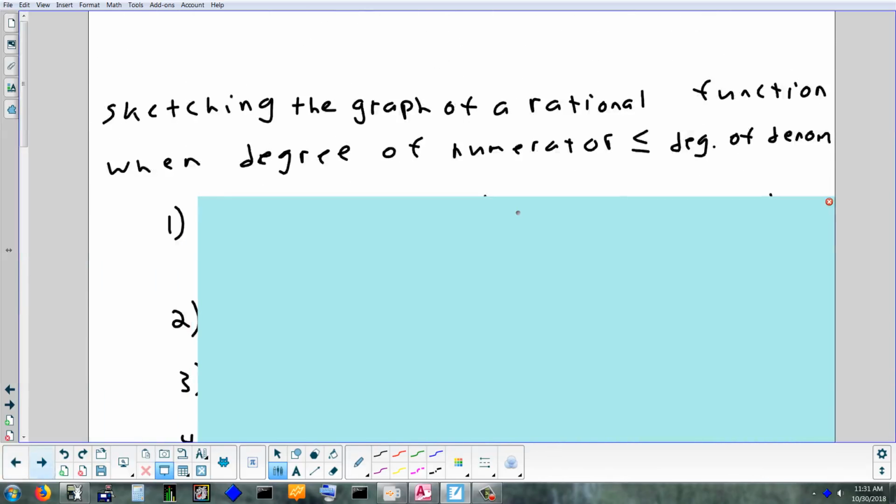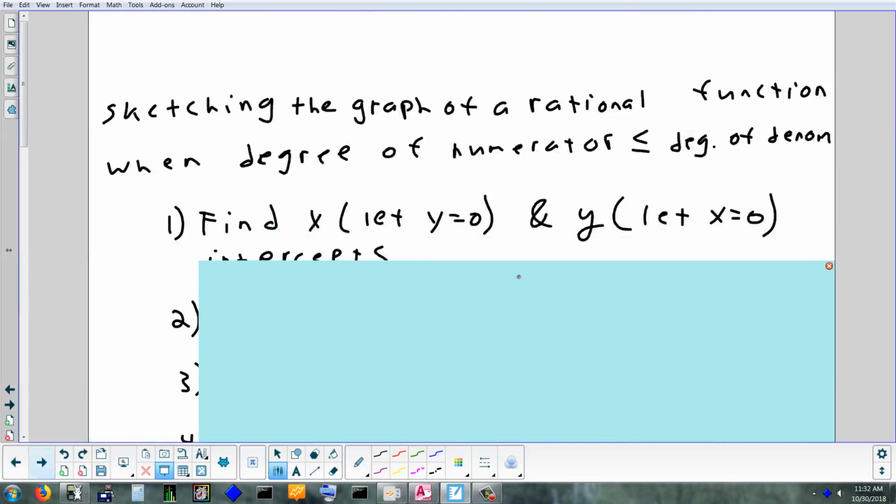All right, so there's a few different things that we have to do, and as long as we follow these steps, it doesn't make the graph too bad to figure out. We're going to use a combination of algebra and a graphing calculator. So the first step is, if you can, try to find your intercepts.